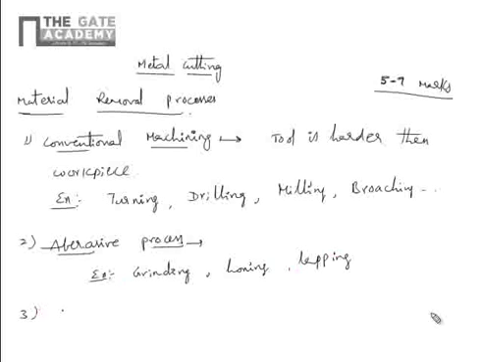Third type of material removal is non-traditional machining. It's also called unconventional machining. Non-traditional machining process, unconventional machining process, where the workpiece is harder than the tool.